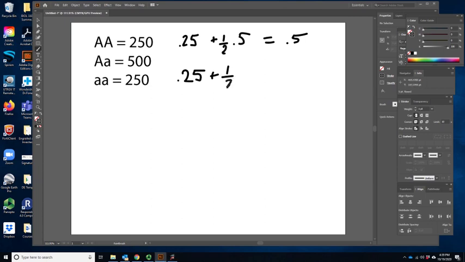Okay, sorry, I had a little bit of an issue there. Let me get this in. Plus, it's exactly the same. 1/2 times 0.5 equals 0.5. So our p-value is 0.5, our q-value is 0.5, and now all we have to do is plug that into the equation.